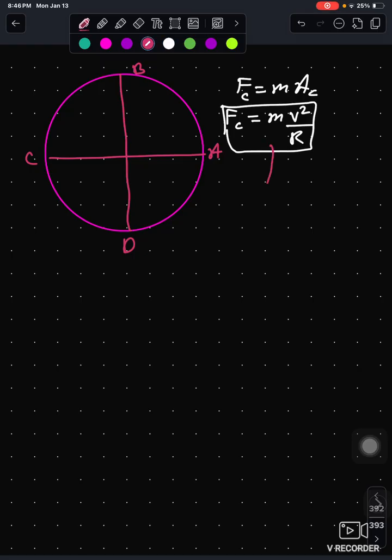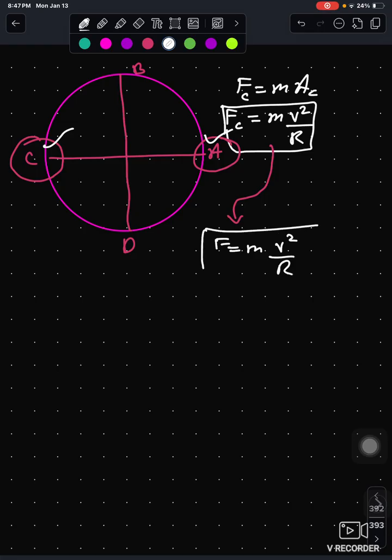Now when we talk about the centrifugal force in these two regions, C and A, we only write F equals mv square over r. It is plus or minus, because velocity could change in terms of direction.